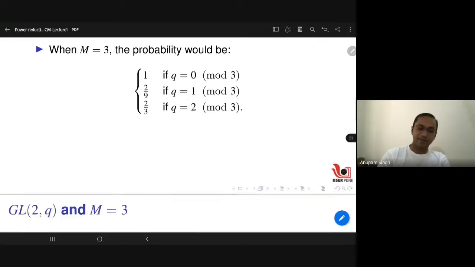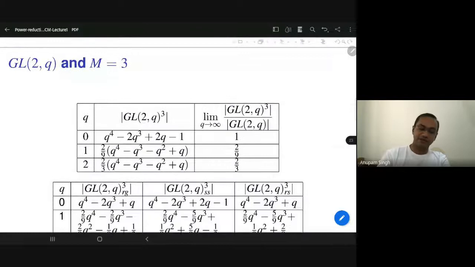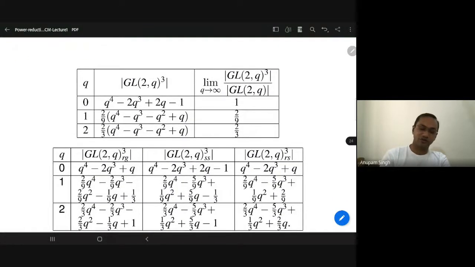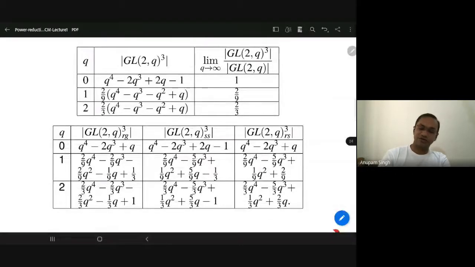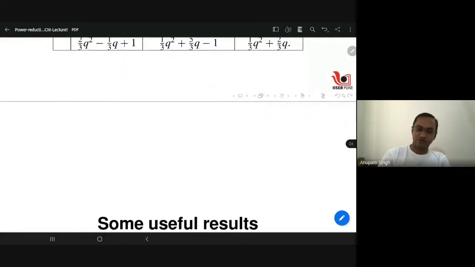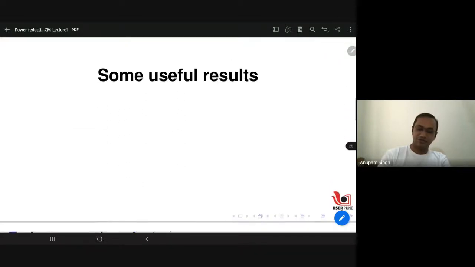And you can also do the brute force method, and you will get this kind of formulas for GL2(Fq^3) if you want to take it. And you see that we still get the same 3 values, 1, 2 by 9, 2 by 3. And you can also count regular semisimple elements, etc. But I will leave this for you if you feel like computing this sometime.